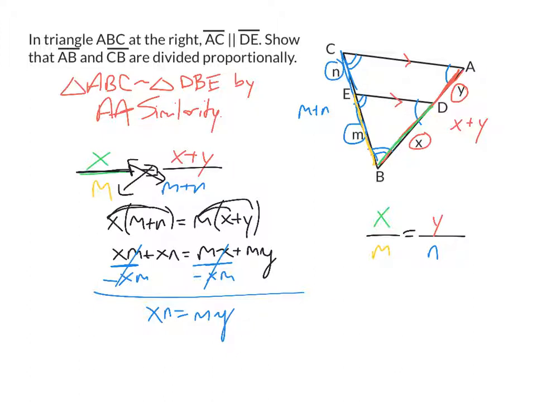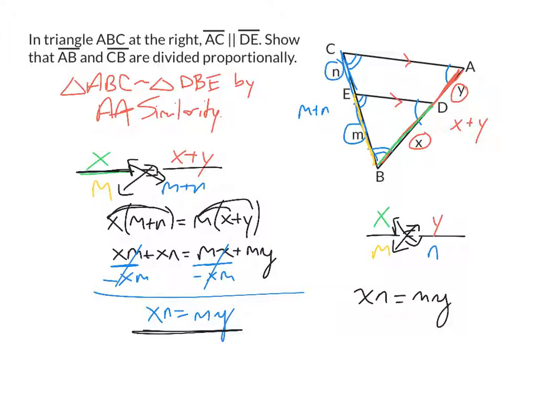And so if these are truly proportional, when I cross multiply, I should get a true statement. So I'll take x times n first, and then m times y, and we get the statement xn equals my, which is indeed a true statement based on what we just learned.